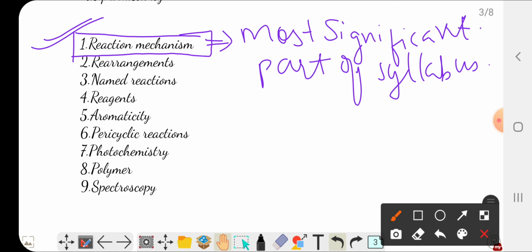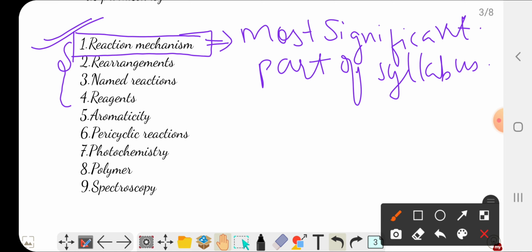First of all, you should prepare reaction mechanism, that is chapter 2, which comprises, I guess, 5 to 6 subparts. After that, you have to study rearrangements, then named reactions, and then reagents. This order is very, very important, because until you know reaction mechanism, you cannot completely understand and connect these named reactions, reagents and rearrangements.